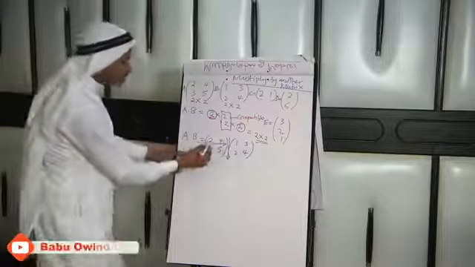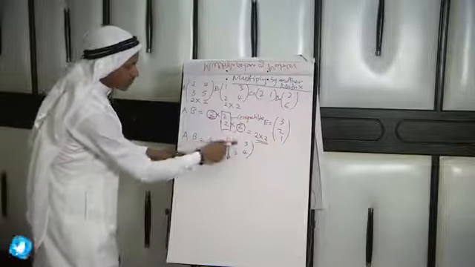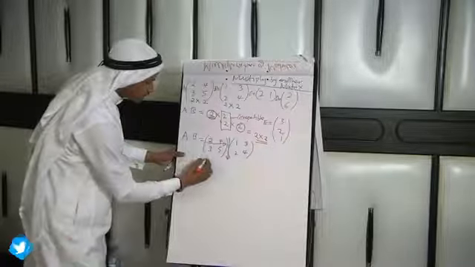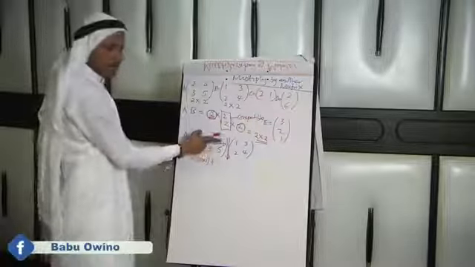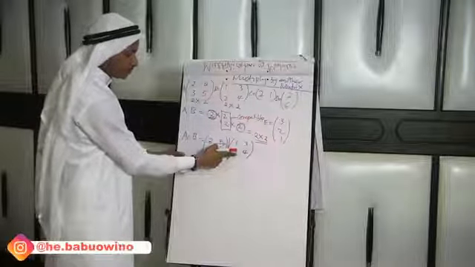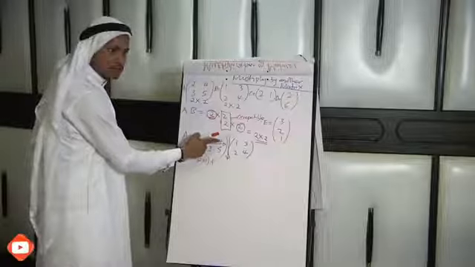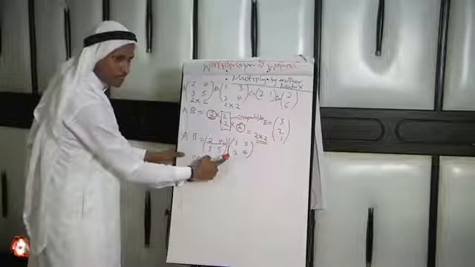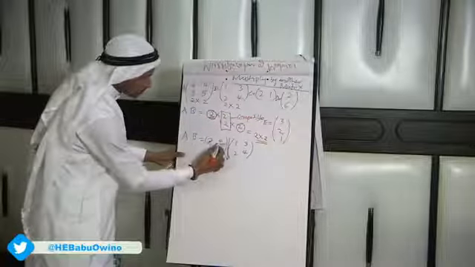So in our case, we multiply 2 by 1. The first element multiplied by the first element, which is 2 by 1. Then you add the second one multiplied by the second on this side, 4 times 2.